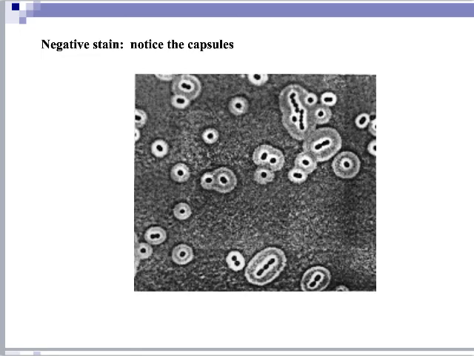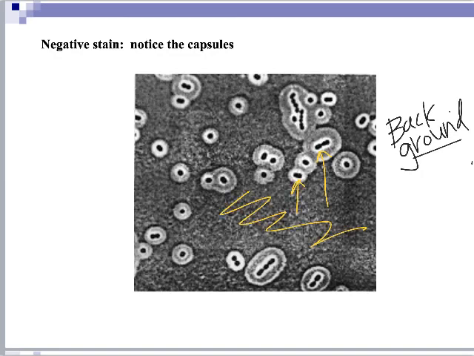A negative stain is when you're staining the background. So we're staining the background of it. Here's the cells. Let me change the color. These are the cells, right? And then here's the background. And this bacteria has a capsule around it.